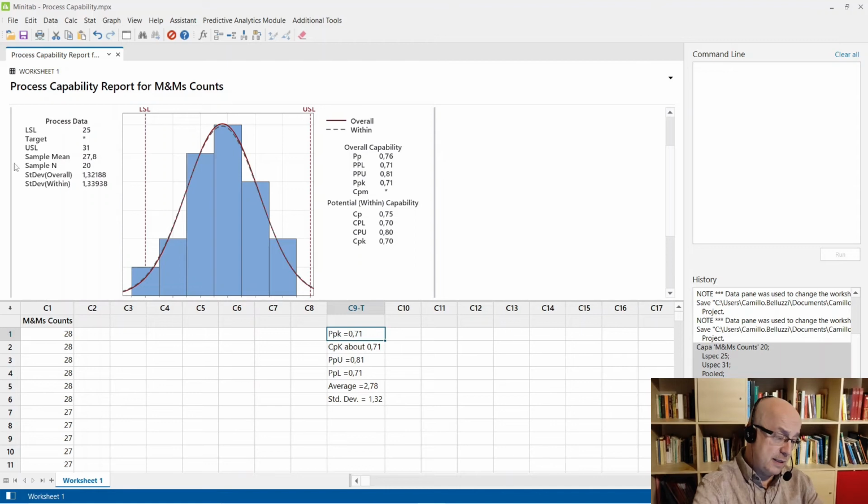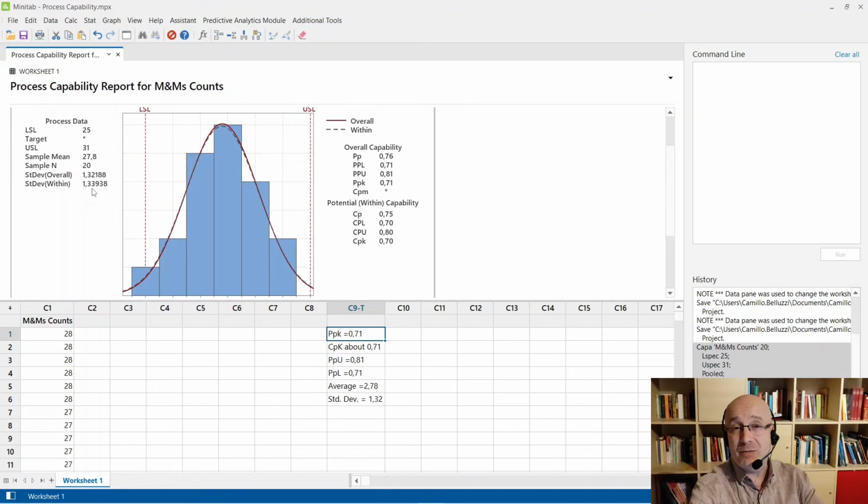Here on this label on the left, we have the lower specification limit that we entered, 25, the upper specification limit that we entered, 31, and it has been obtained 27.8 as an average, as you can see here, and exactly the standard deviation overall, which is the one used to calculate Ppk, which is exactly 1.32, while the standard deviation within is similar, not exactly the same.